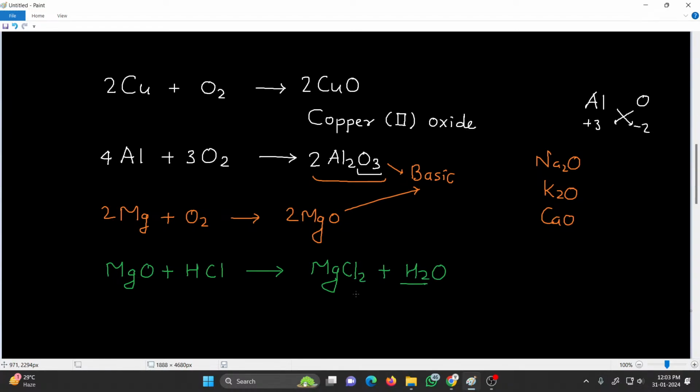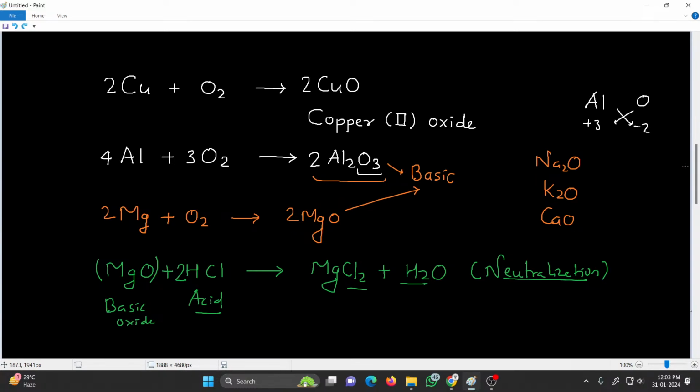So 2 chlorine, 2 hydrogen, so 2 HCl. So this is nothing but a neutralization reaction. And here acid is reacting with a metal oxide, which is actually basic in nature. So basic oxide plus acid gives you salt and water.